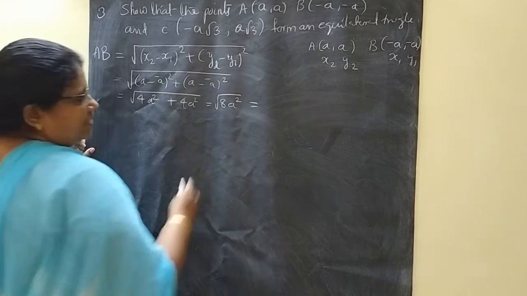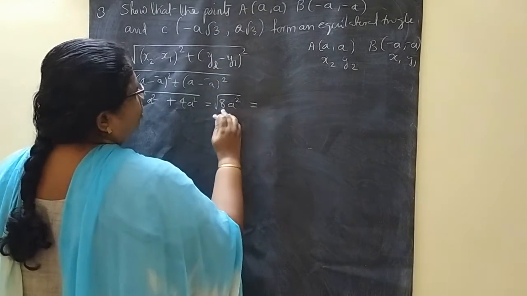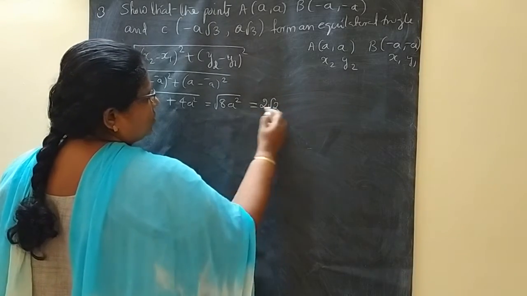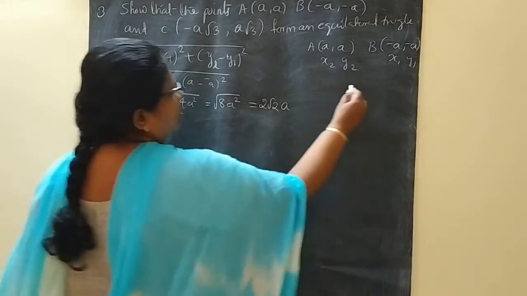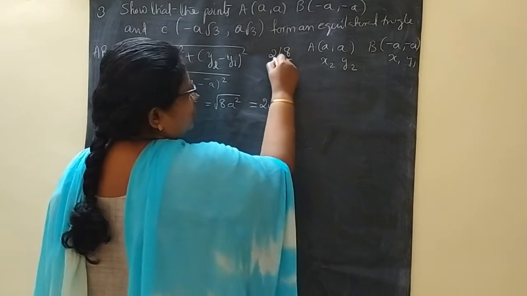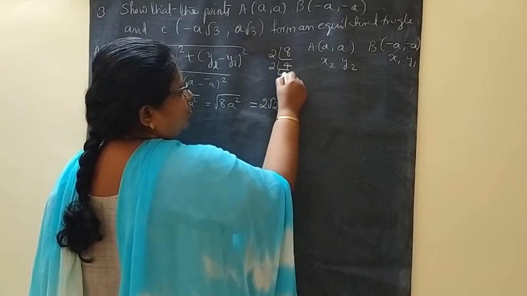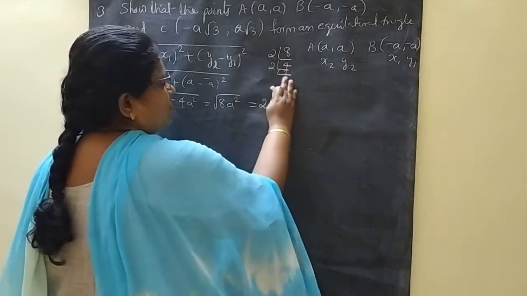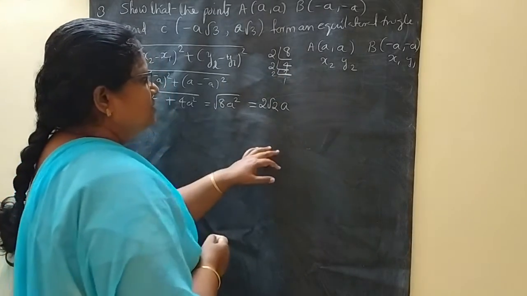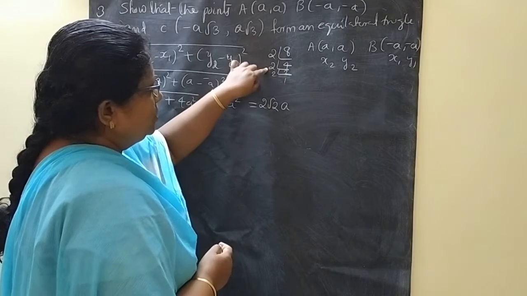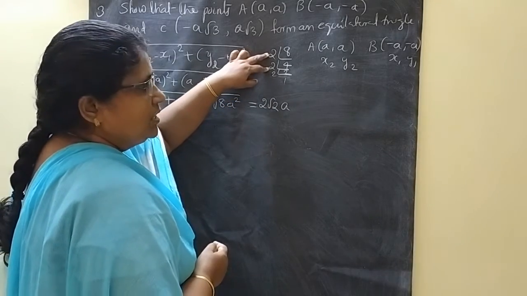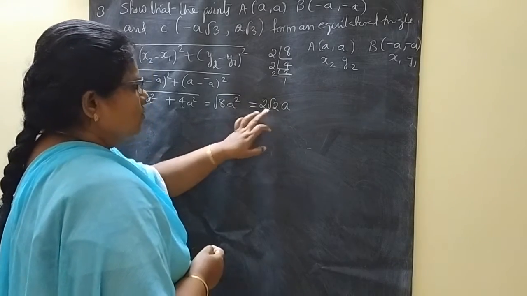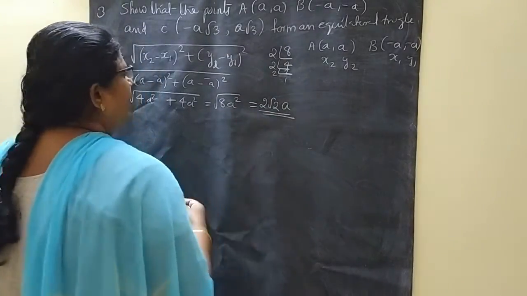Root of 8A square you can write as it is, or root 8 is 2 root 2, root A square is A. How? 8 we can factorize as 2, 4, 2, 2. Root means from two equal numbers we can take one number outside. So from these twos, one 2 is coming outside, but the other 2 is only one time. So the answer is 2 root 2 A.